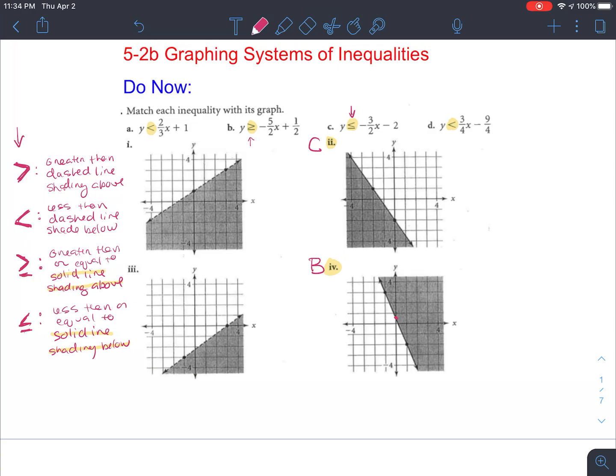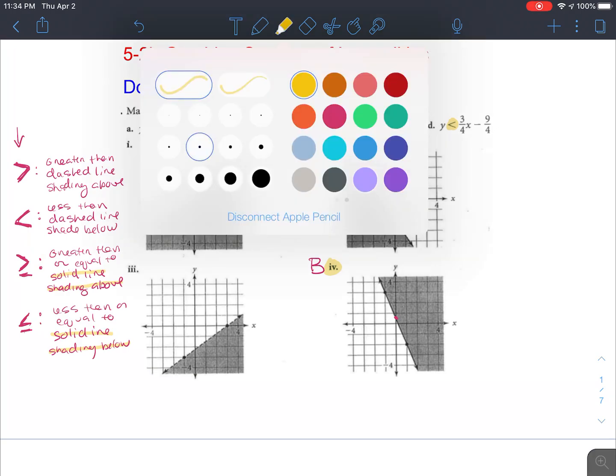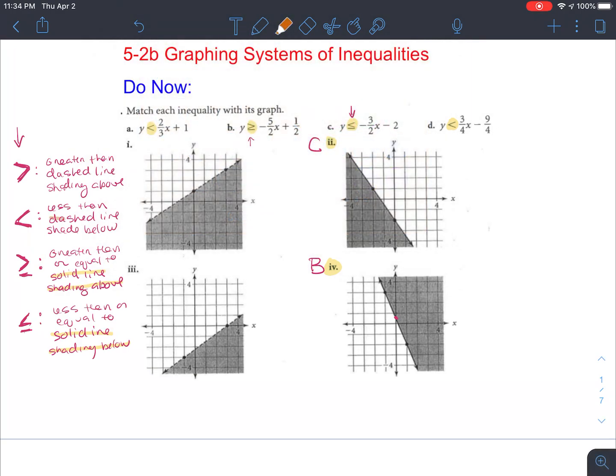So now we look at the two inequalities that are both less than. If we are looking at a less than, we should have a dashed line and shaded below, which we should see here, right? These are both dashed, and we are shading below the line for both of these. So for something like this, we're going to compare our y-intercepts first.